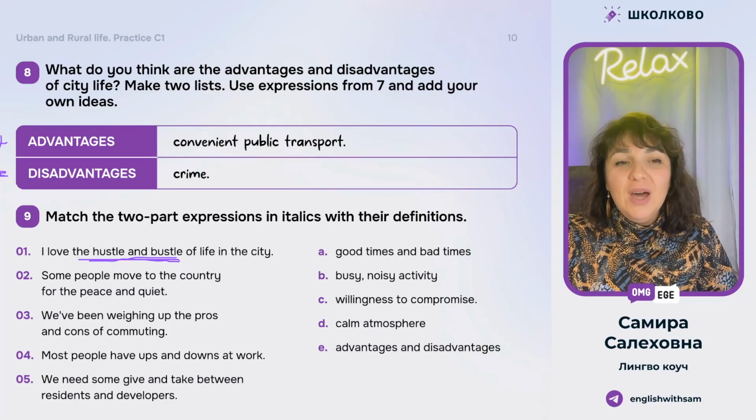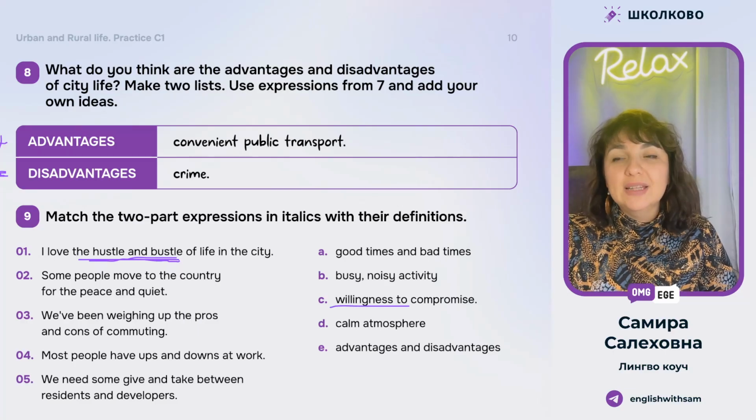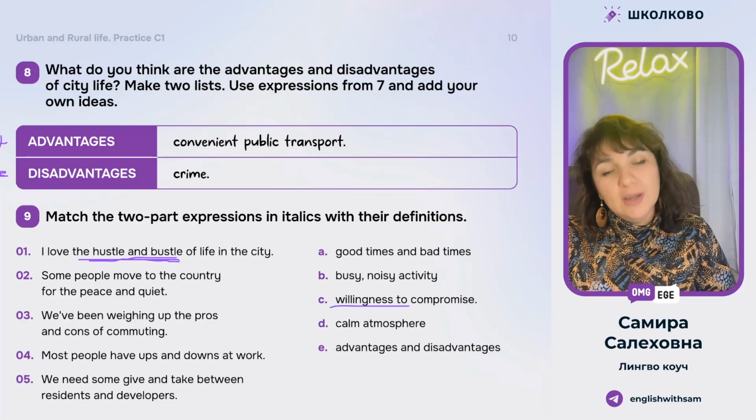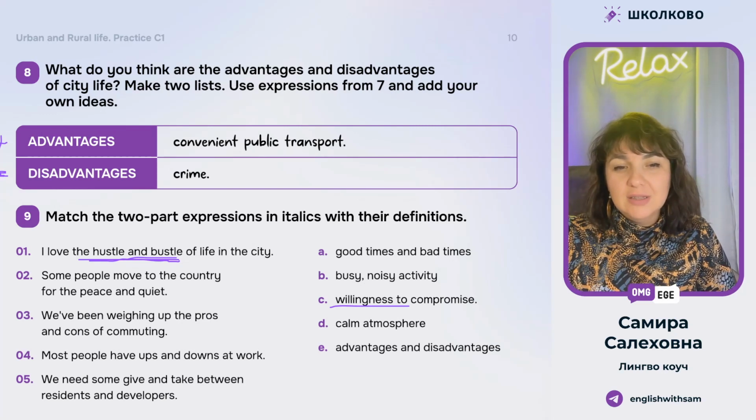Okay, so I love the hustle and bustle of life in the city. So hustle and bustle, what is it? Good times and bad times, busy noisy activity, willingness to compromise, to be willing to do something. Быть готовым пойти на компромисс.